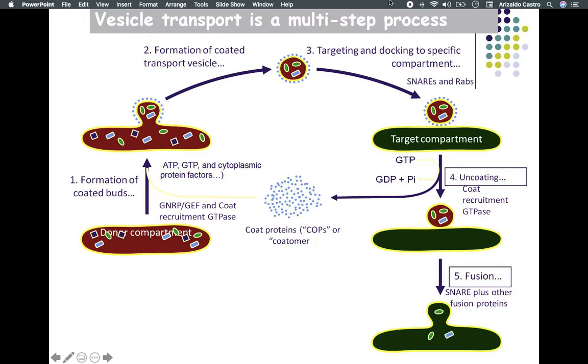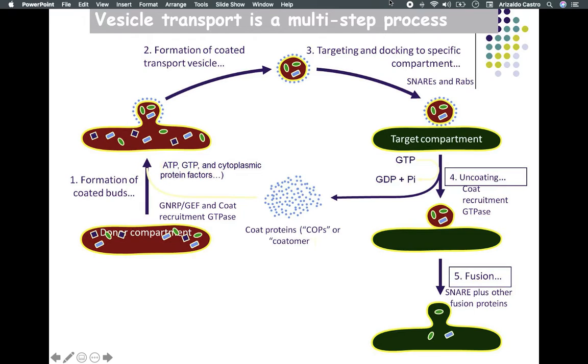From the source compartment, source organelle or area, the transport vesicle will pinch off, and then it is essentially heavily composed of the lipid bilayer of that originating compartment, that lipid bilayer coated by the coat proteins.